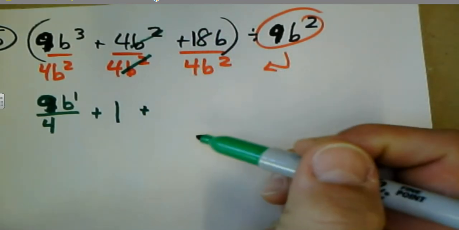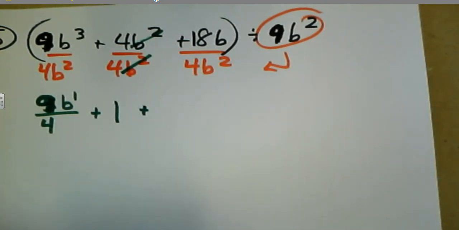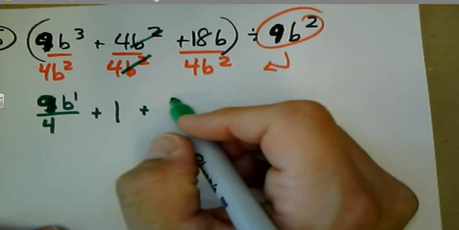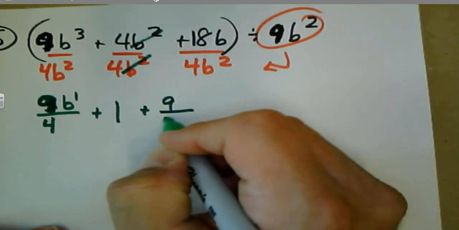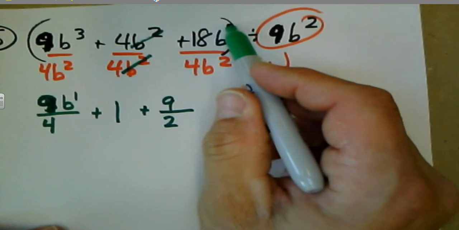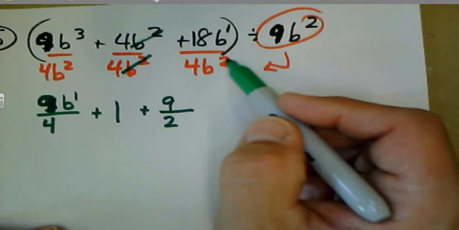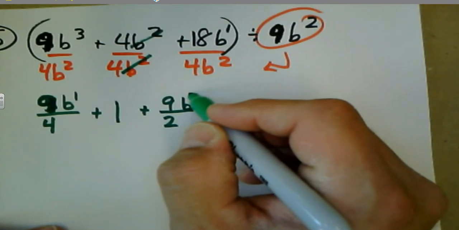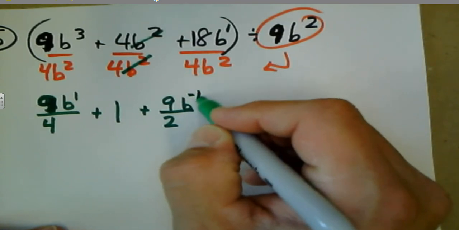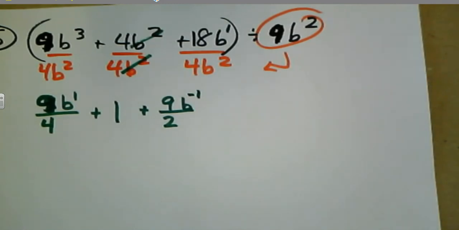18 divided by 4. Use your calculator. 9 over 2. And there's a 1 here. What's 1 minus 2? Negative 1. We're going to get rid of all of our negatives for our assignments.